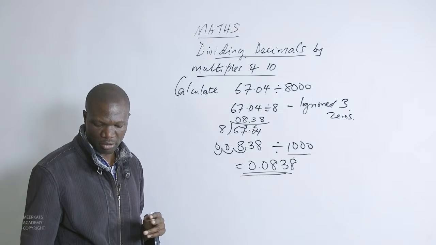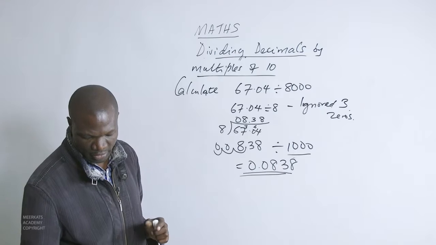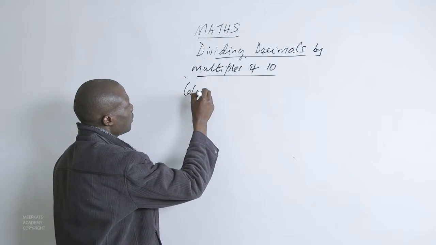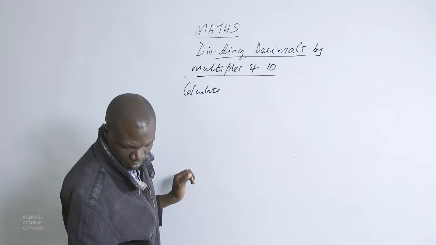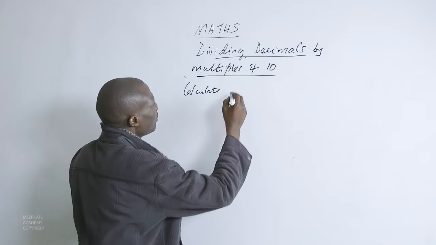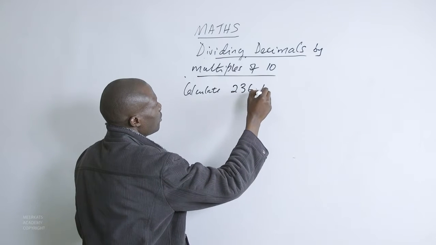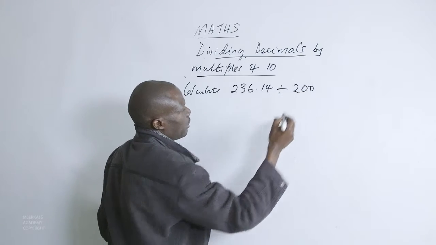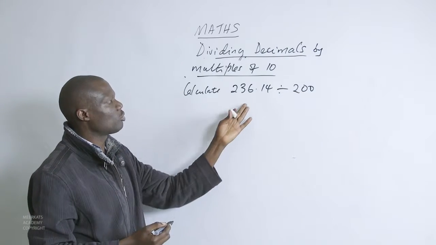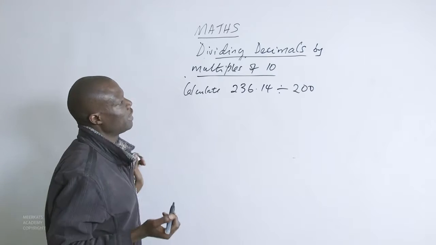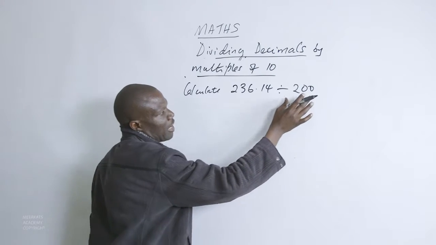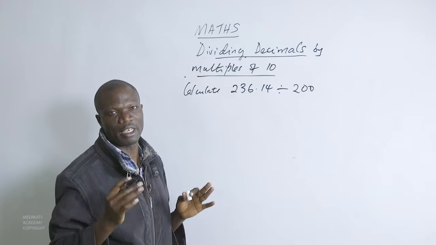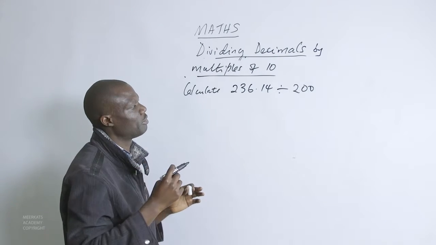Let us look at another question, it's a similar one, and see what we can do. Calculate 236.14 divided by 200. This question is similar to what we've covered, but we want to see how it behaves when we are handling a number divided by a divisor which is a multiple of 10.